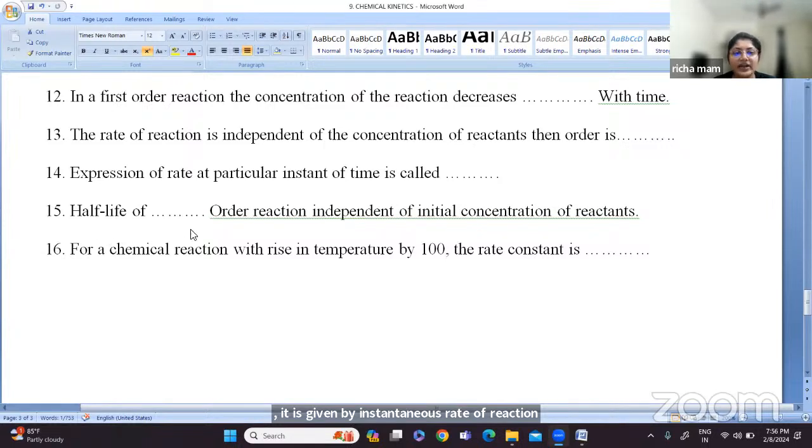Next one, half-life of dash order reaction is independent of initial concentration of reactants.